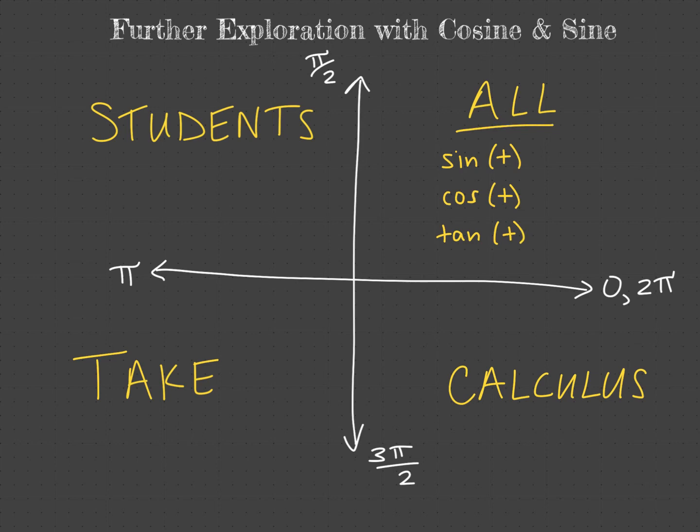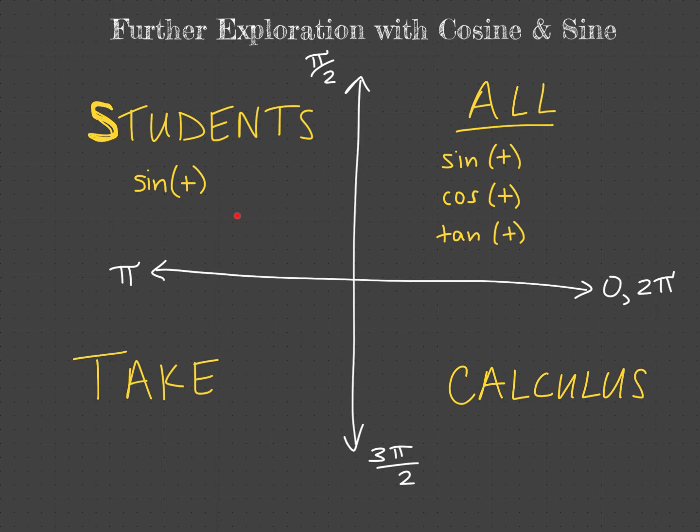Now the other 3 use the first letter of the word. So in quadrant 2, the S, sine, that just means that the sine is positive. Because we're moving left and then up, the cosine is negative over here. The sine is positive because we're moving up. The tangent is negative because tangent is sine divided by cosine, and when they're opposite, one's positive and one's negative, that means the tangent's negative.